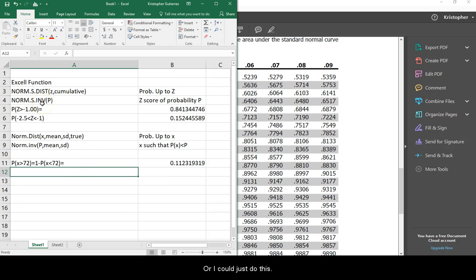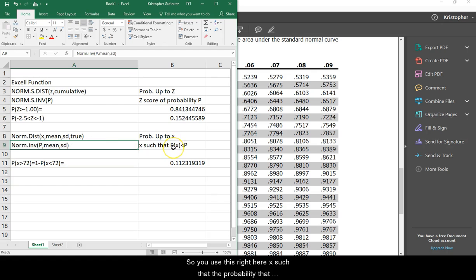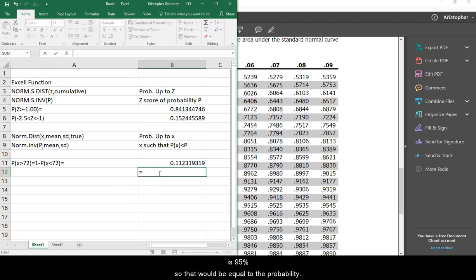Or I could just do the z-score like that. Either way. But let's say I want 95% of the people here. So I would use this right here: x such that the probability that I'm below it is 95%. That would be equal to norm inverse of the probability, which is 0.95.